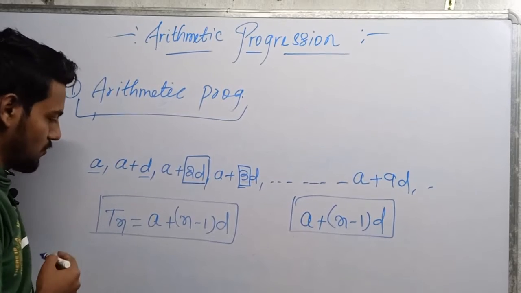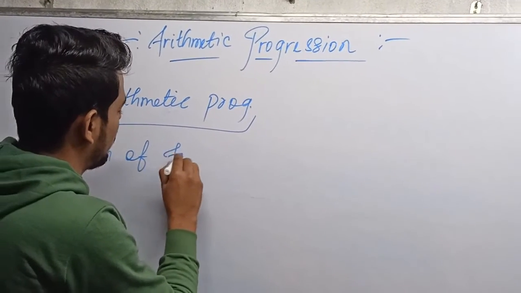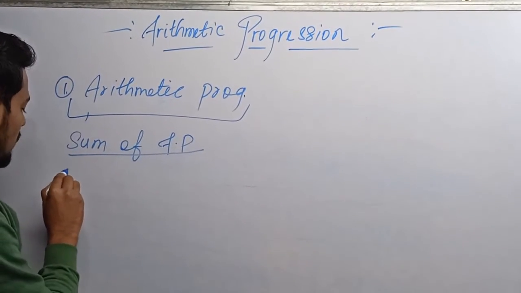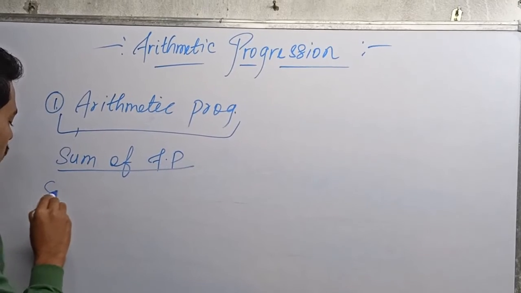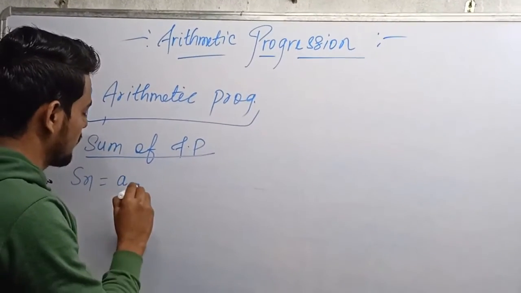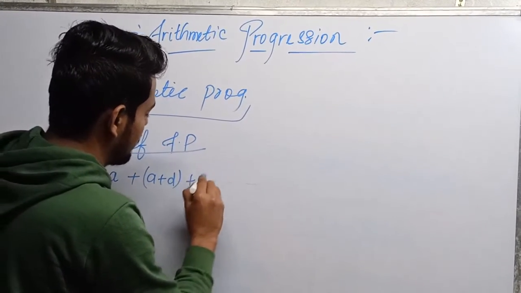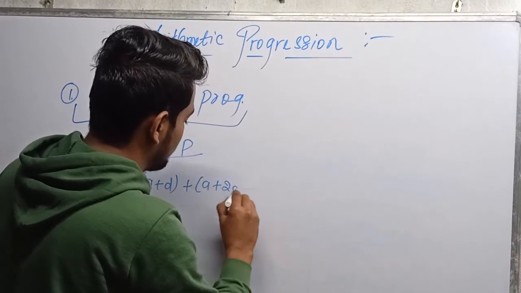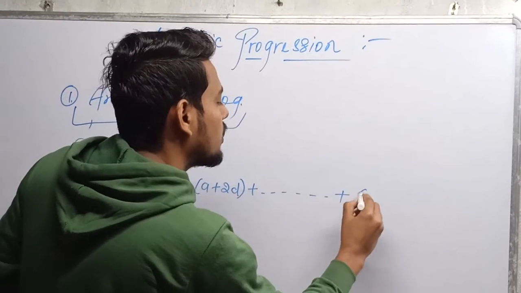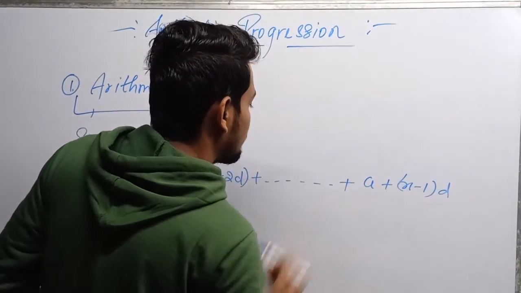Let's find the sum of an arithmetic progression. We need to find the sum of n terms of an arithmetic progression. That is, the first term is a, the second term is a plus d, the third term is a plus 2d, and the nth term becomes a plus (n minus 1)d.